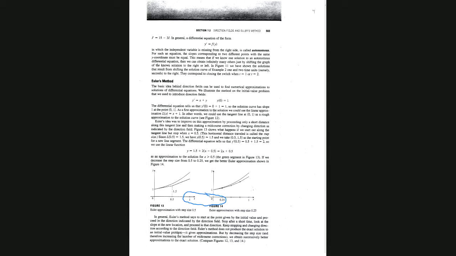Just like at the point 0, 1, we used Euler's method to give us a line segment that approximates the solution, when x equals 0.5, we can also use Euler's method to give us another line segment, maybe I'll put this in orange, that approximates this portion of the solution from 0.5 to 1.